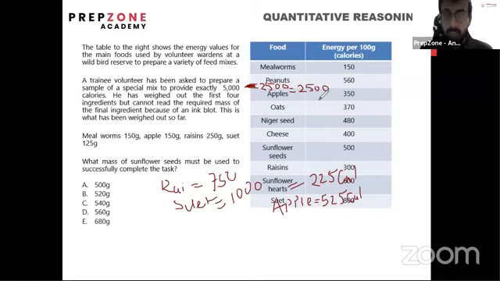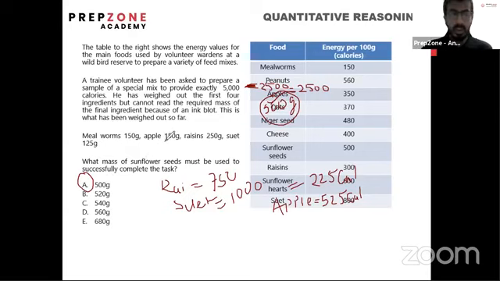That is 5 times, so 500 calories into 5 is 2,500 calories. Similarly, 100 grams multiplied by 5 will give you 500 grams. So that is basically your answer.